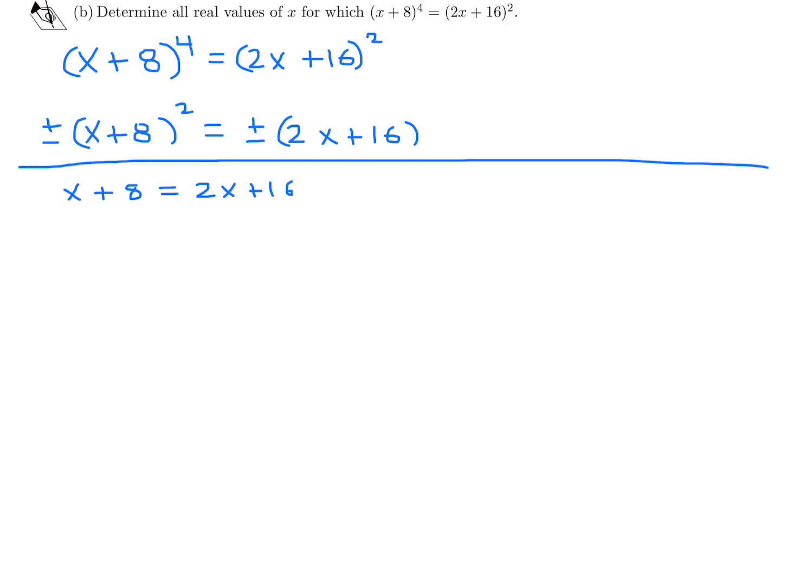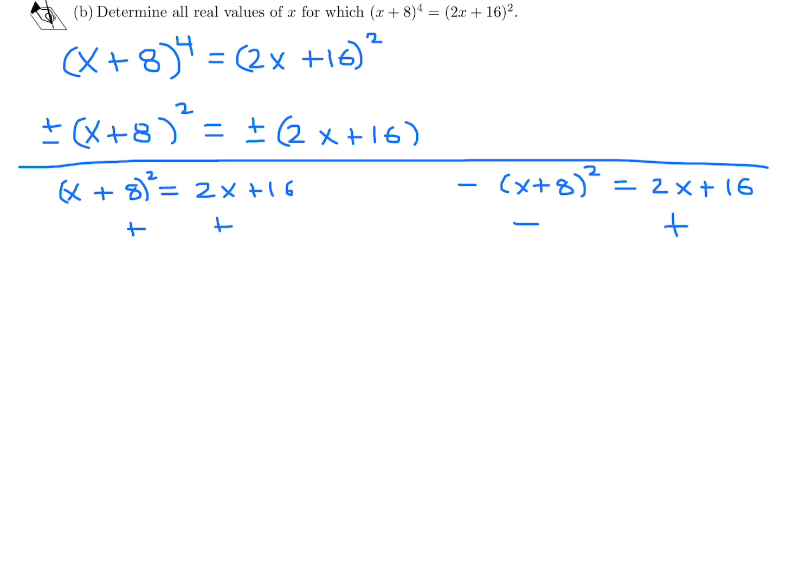And then the next one is minus (x plus 8) is equal to 2x plus 16. So we got plus plus and minus plus, right?